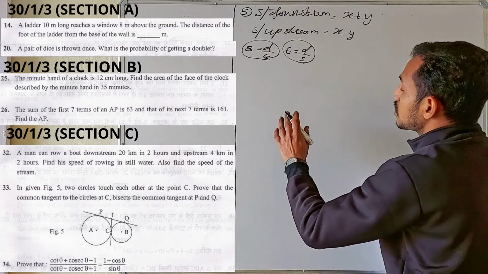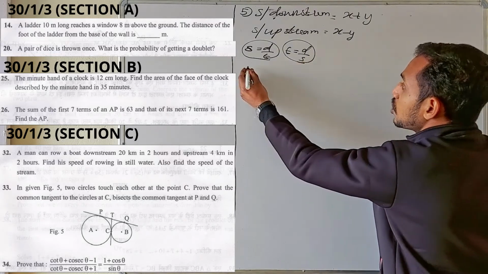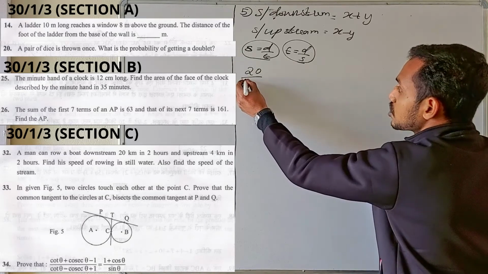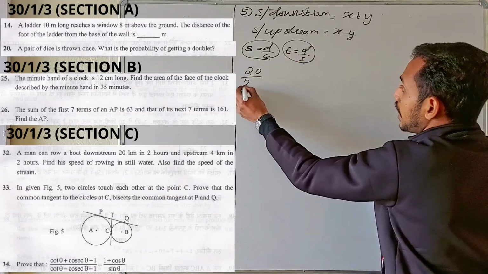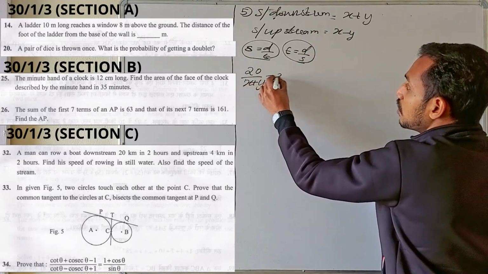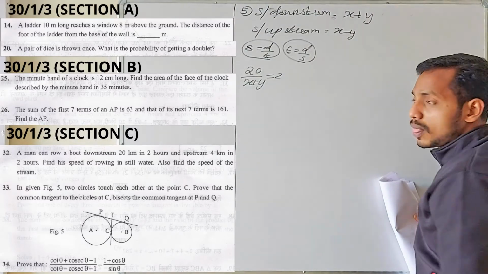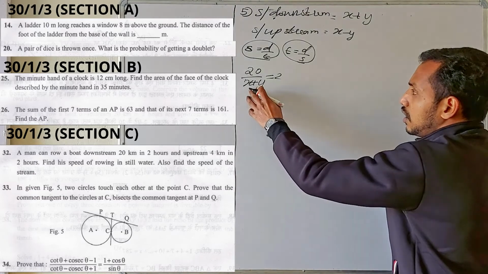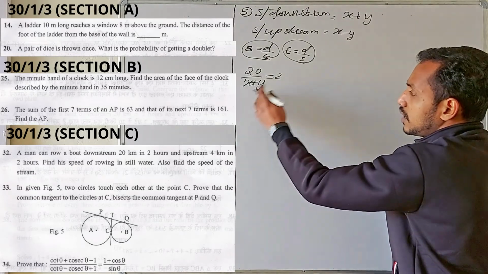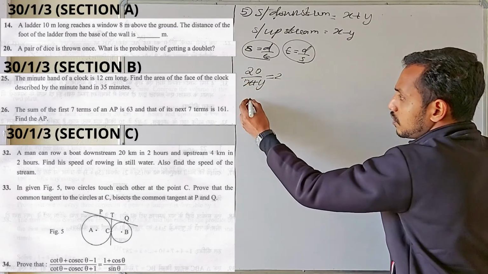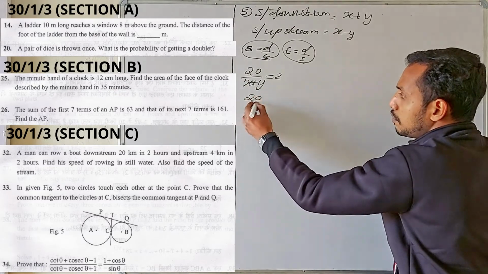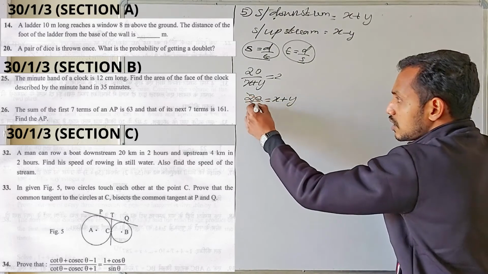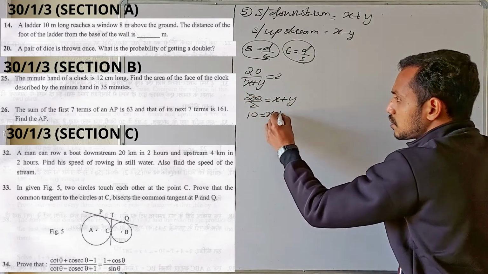So according to the first condition, a man can row 20 km downstream, that is speed will be x plus y, in 2 hours. That is the first equation. Clear? So take this x plus y to there and 2 to here, so we will get 20 by 2 is equal to x plus y. Cancelled. 10 is equal to x plus y.